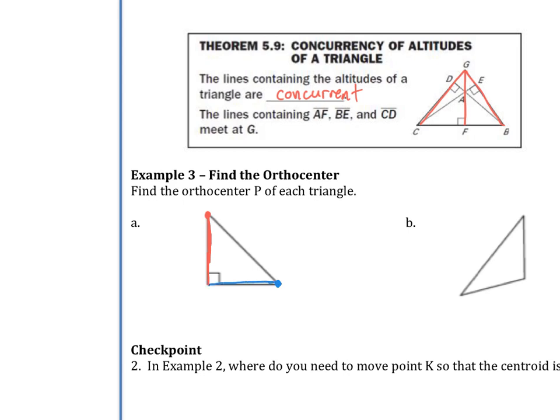You can see there already is a right angle right in this corner. So that red and the blue line are both altitudes. Lastly, we have to draw an altitude from the green point. And that's just going to be forming a right angle with the opposite side. So all 3 altitudes cross at this point, which we are going to call P. The red, the green, and the blue all cross at point P.